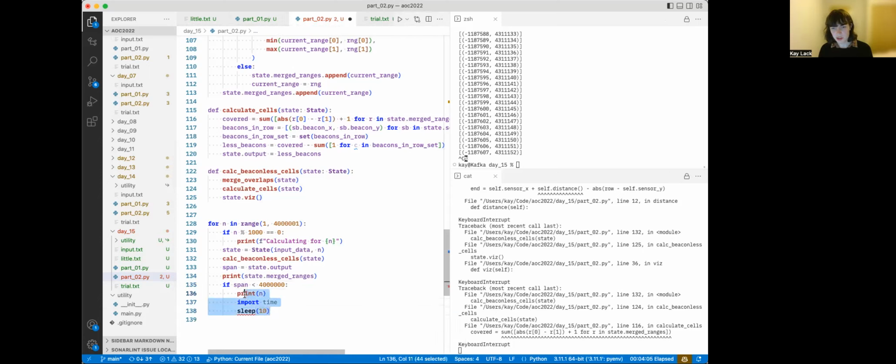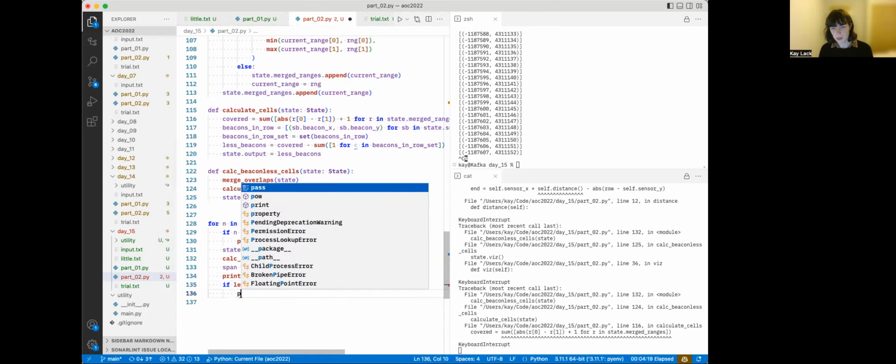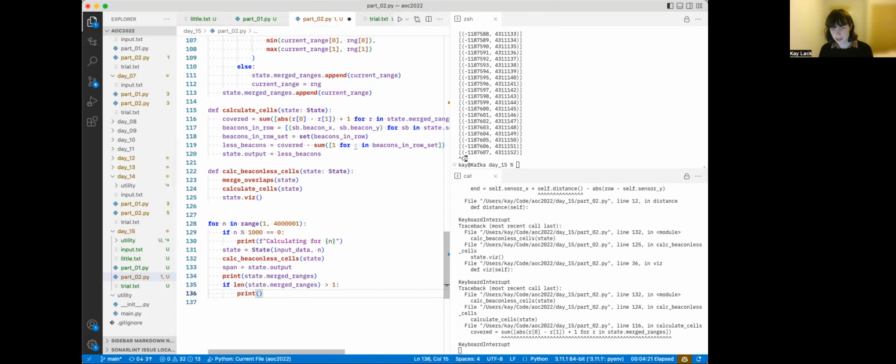Okay, so we're looking for a situation where, if the length of the merged ranges is more than one, we should definitely be interested in that. If the first is greater than 0, then we should definitely be interested in that.